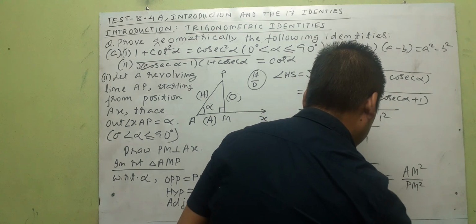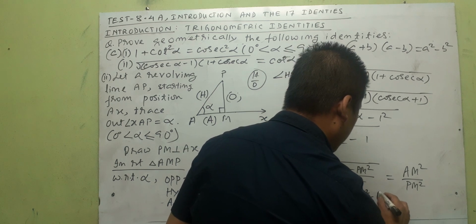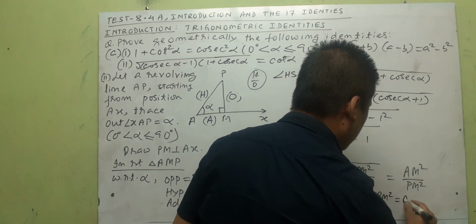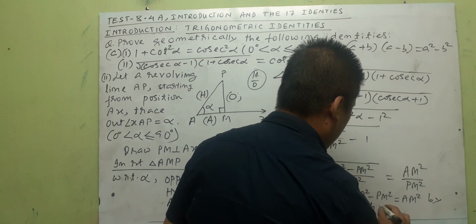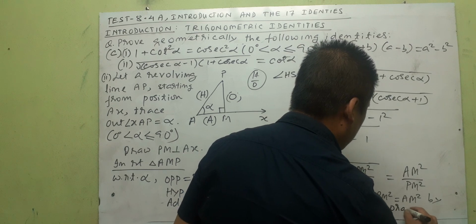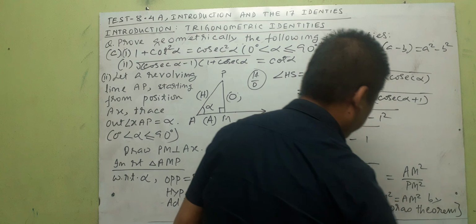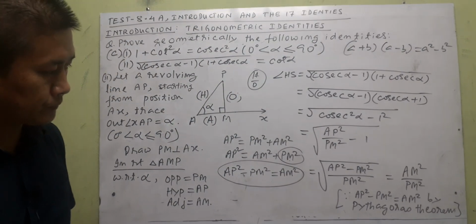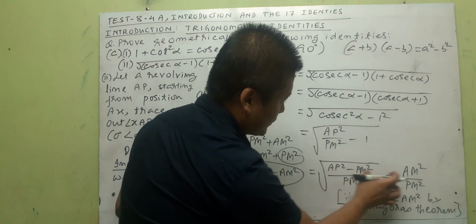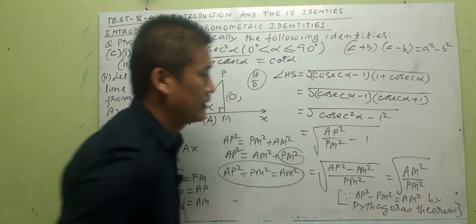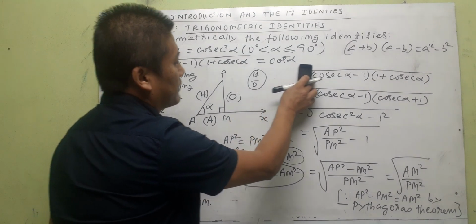Don't forget to write here: since AP squared minus PM squared is equal to AM squared by the Pythagoras theorem. Write that down, okay? So by using the Pythagoras theorem, we have converted this portion, but the root is still there, right?